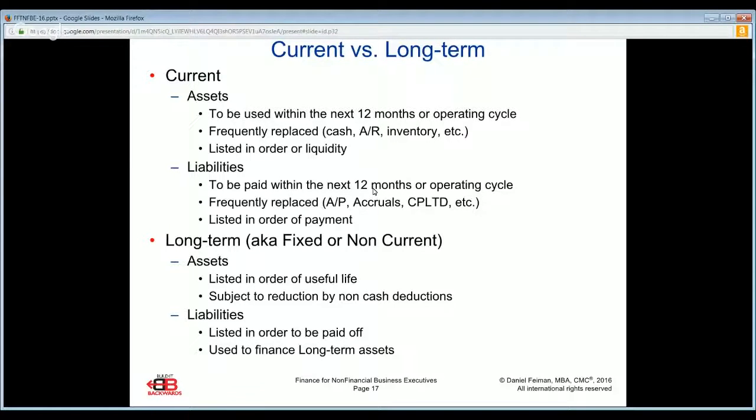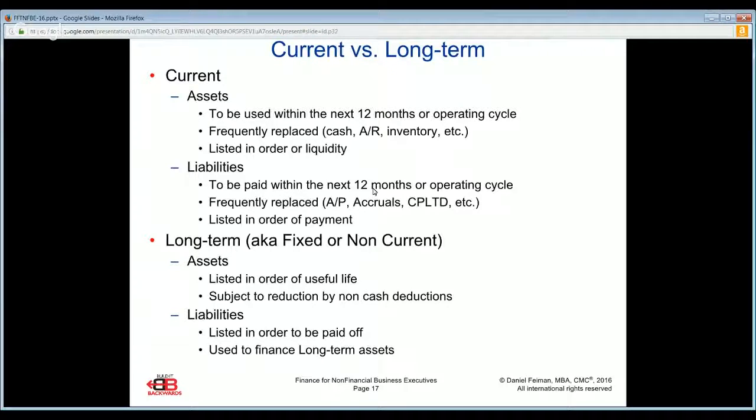There's been a lot of conversation about standardizing all the names, so long-term is only called one thing, or the income statement is only called the income statement. That argument's been going on for decades and probably will continue. So we just need to make you aware of the fact that whenever someone is using long-term or fixed or non-current, they're referring to the exact same thing.